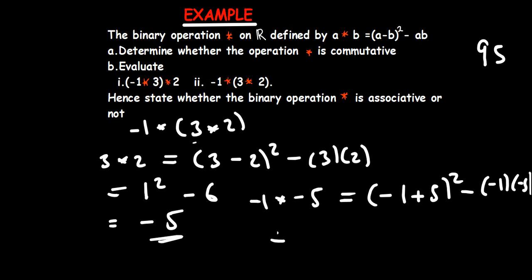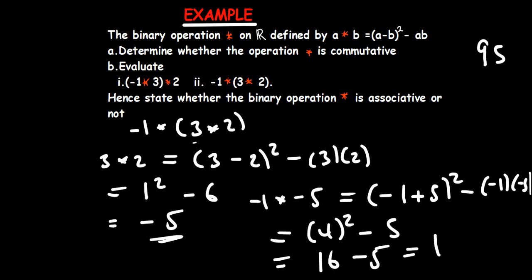When I work out what's in the bracket there, that gives me 4 squared minus, when I multiply negative 1 and negative 5, I get positive 5. Then squaring this, I'll have 16 minus 5, and that just gives me 11. So that's your answer here.